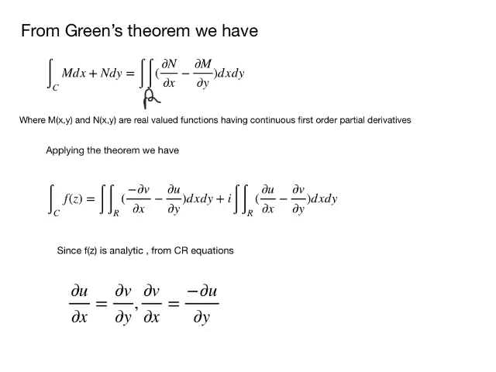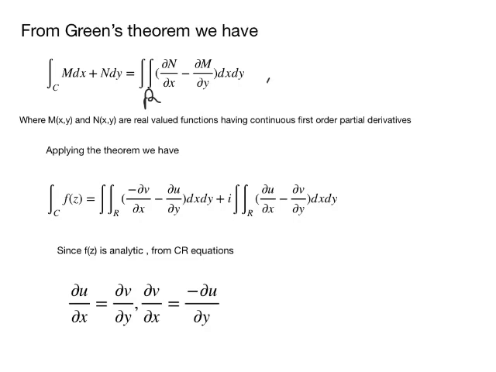Now applying the theorem for the above equation, I have integral f of z is equal to double integral R of minus ∂v/∂x minus ∂u/∂y dx dy plus i double integral R of ∂u/∂x minus ∂v/∂y dx dy.